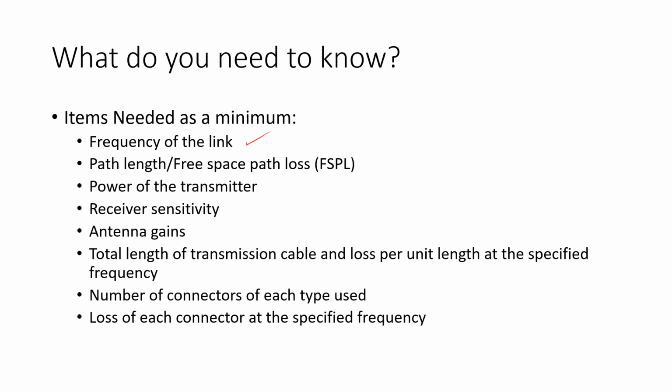And we need to understand the lengths of any transmission cables involved, and the losses with those cables, and likewise any connectors involved and the losses of those connectors. So this is the very basic stuff. Of course, there are other questions and other things we need to know for a full deployment, but just to do a paper design, we need this information.